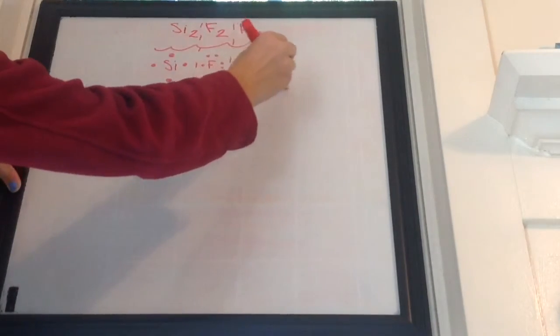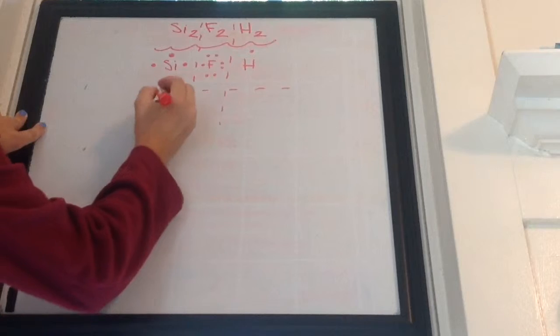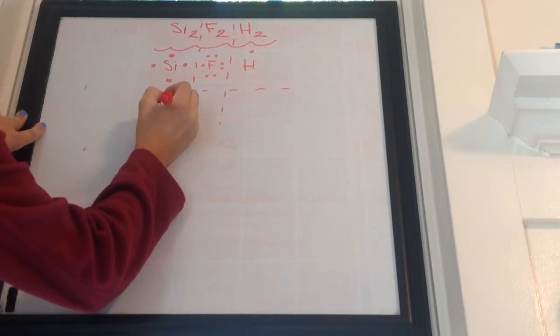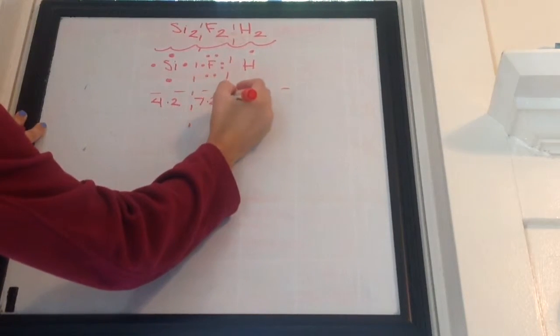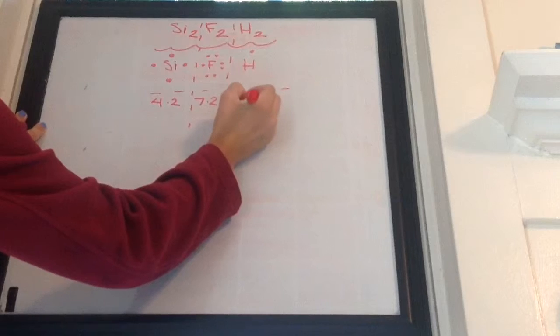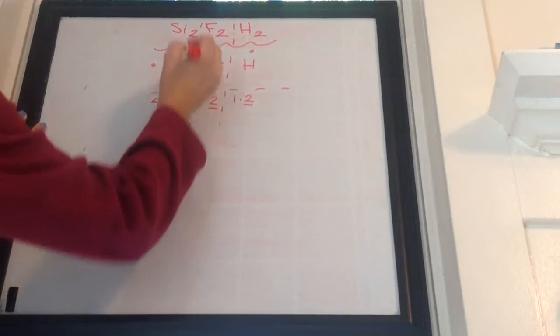Multiply the number of electrons by the quantity of each element. 4 times 2, 7 times 2, 1 times 2.